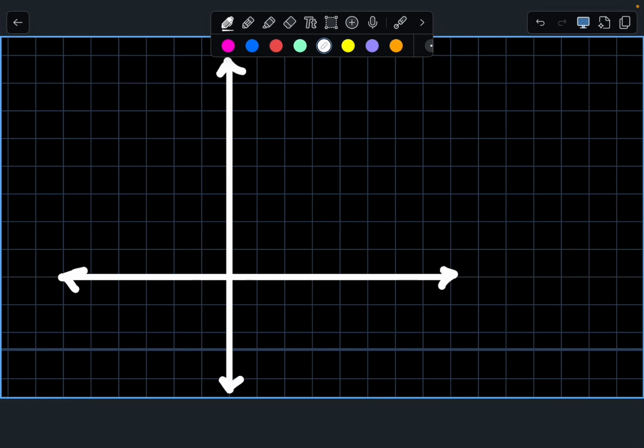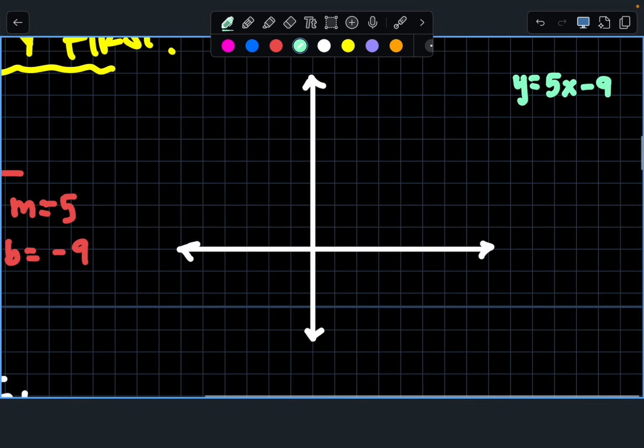The actual boxes now? I'm going to use green for the first function, which I'm going to write up here as well. y equals 5x minus 9. We said that was one of the first ones. Minus 9. That's going to be down here. So I actually need more space.